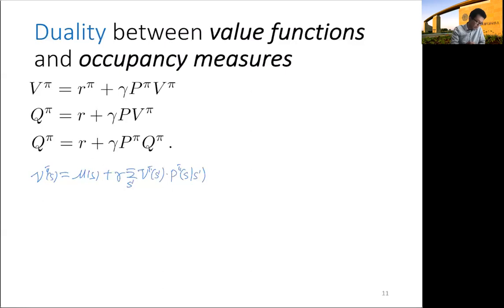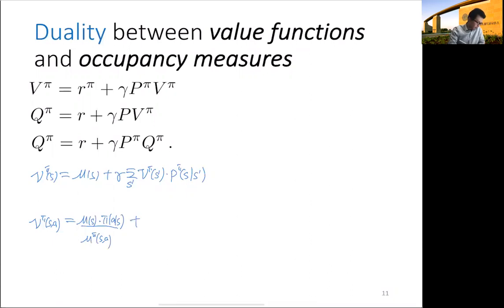We can also write the same thing for the state action occupancy measure. This can be constructed by simply multiplying the policy into the first equation. So you get mu of S multiplied by this policy pi of A given S, and then you get this joint distribution of S and A from the initial distribution.